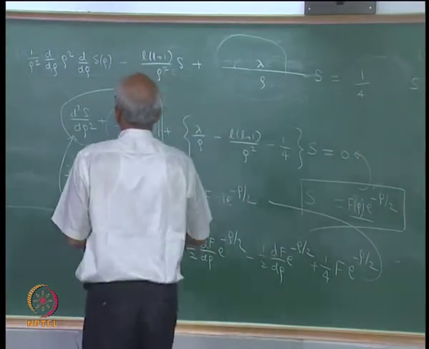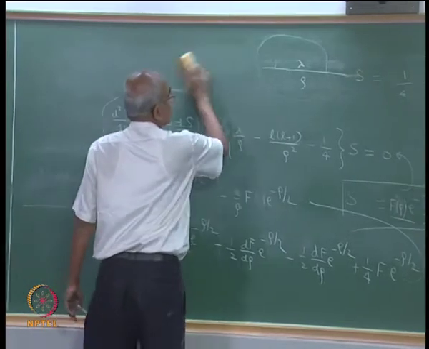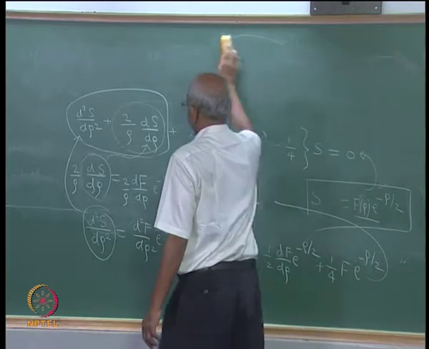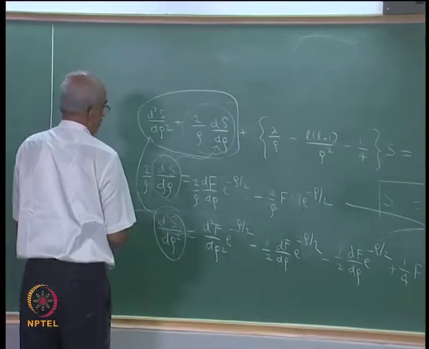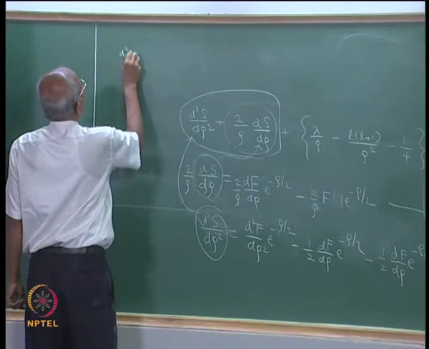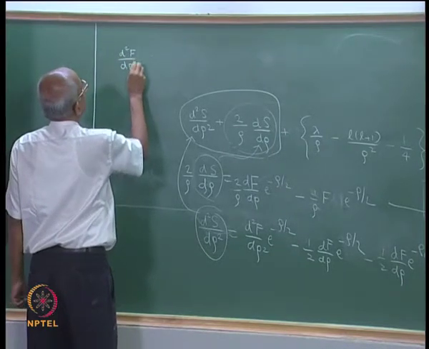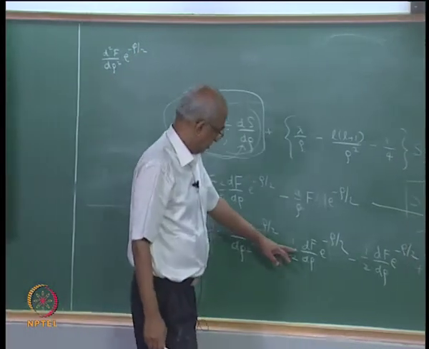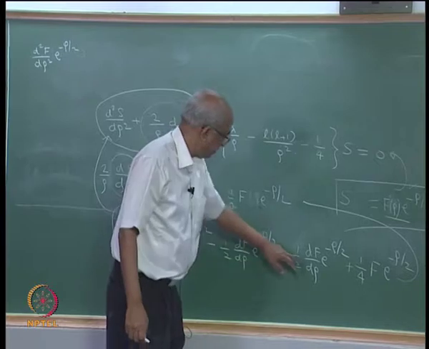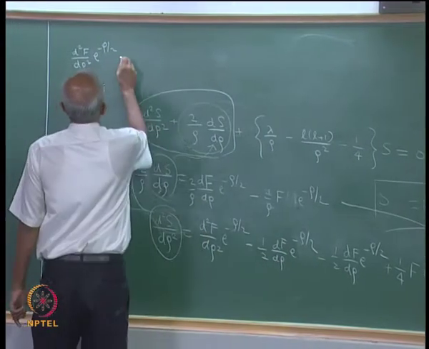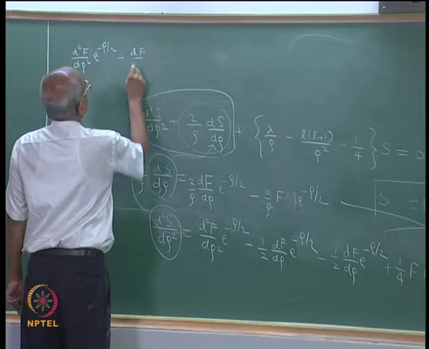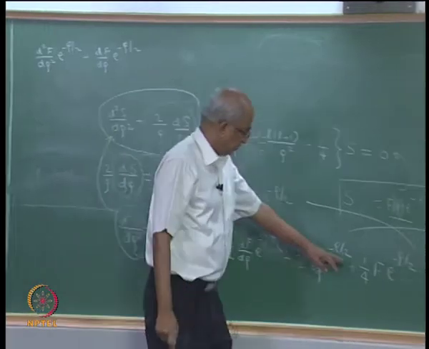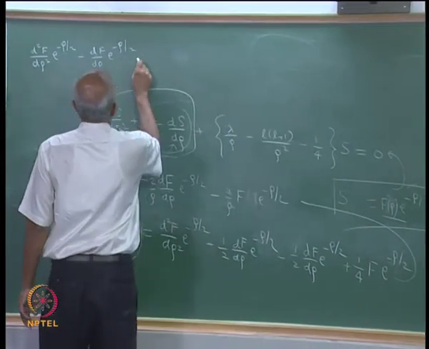Maybe what I should do is write on top. Second derivative of F multiplied by e to the power of minus rho by 2. Then here this term and that term are actually identical, so I can just add them up, minus dF by d rho e to the power of minus rho by 2. This term is plus 1 by 4.